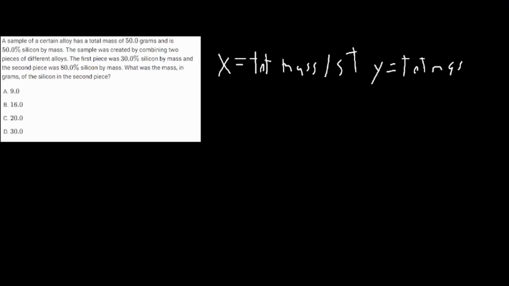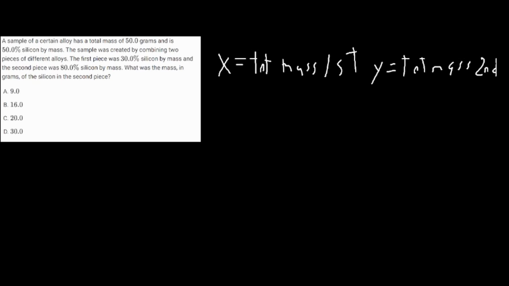Okay, so before we solve this, first I would like to define our variables. So I would define x as the total mass in grams of the first piece. And similarly, I would define y as the total mass, sorry for my handwriting, of the second piece.